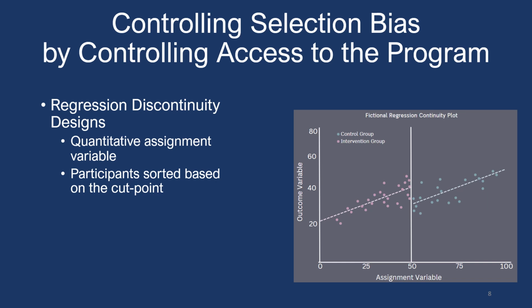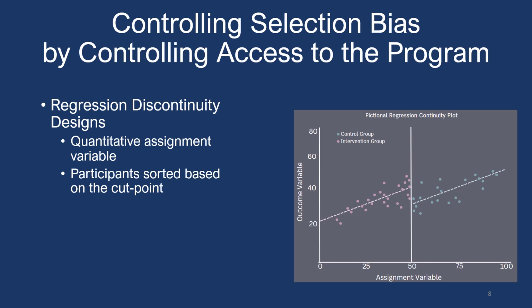Once we've sorted our two bins into those that fall on one side of the line, which are our intervention group, and those that fall on the other side of the line or the threshold, which are our control group, the scores on the program outcomes are compared.